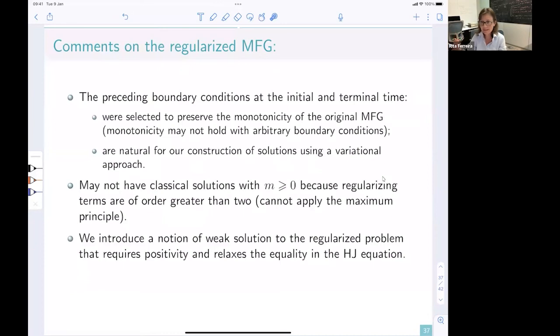We want one that preserves monotonicity, and these boundary conditions play the role of preserving monotonicity. And also, they turn out to be natural ones when we consider the variational approach. So when you look at the variational approach, these are somehow the so-called natural boundary conditions that appear.